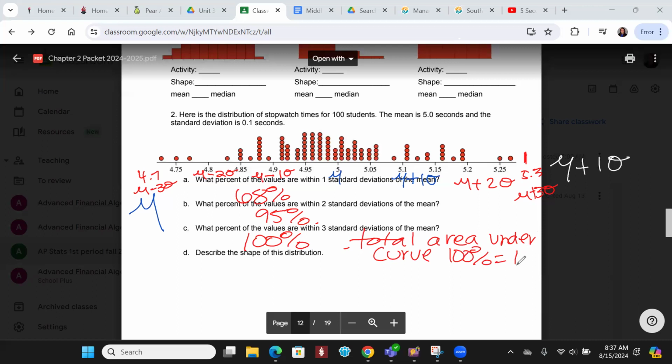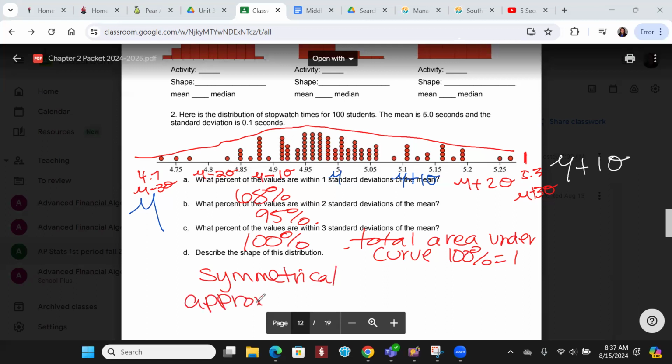So when we describe the shape of this distribution, we draw our little line. This is symmetrical. And here's a new word: approximately normal.